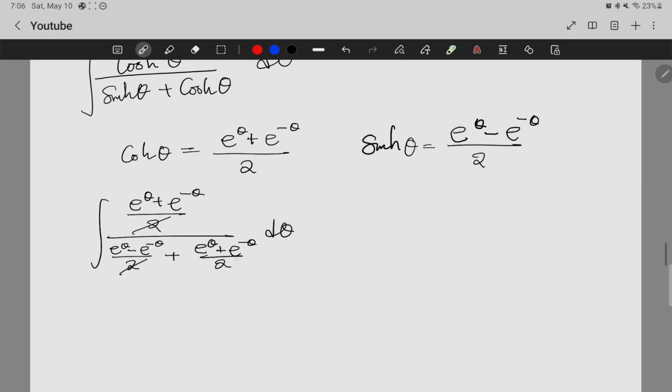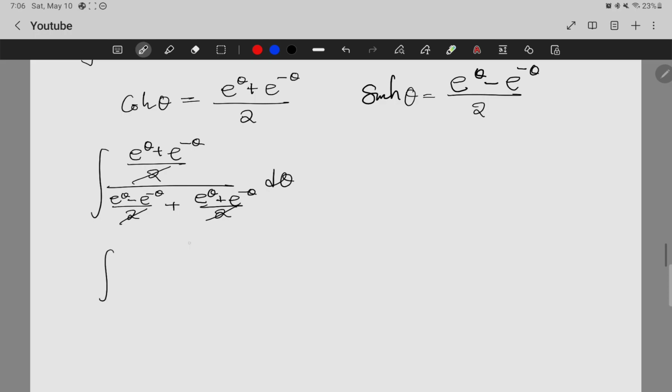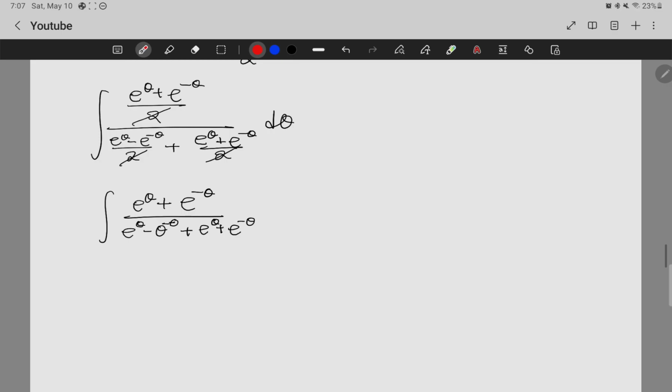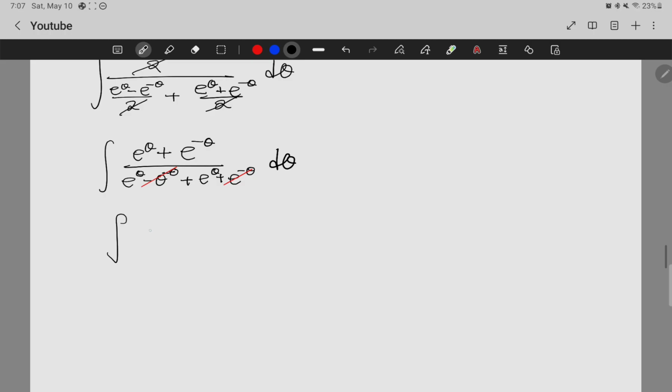So the over 2 is present on all the functions, so it can be cancelled out, so that in the numerator we now just have e to the theta plus e to the minus theta, divided by e to the theta minus e to the minus theta, and then plus this. From here, you observe that this expression repeats, so it will subtract out, leaving our expression as e to the theta plus e to the minus theta divided by 2 e to the theta, d theta.